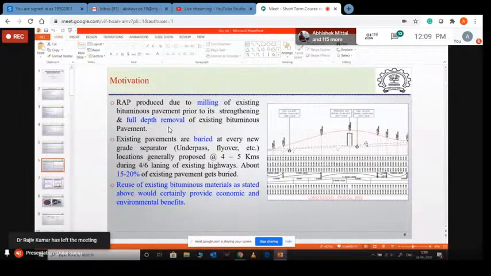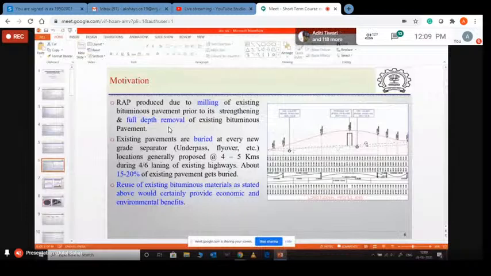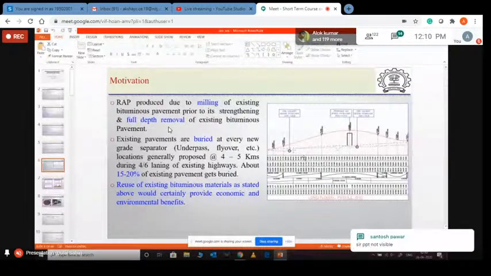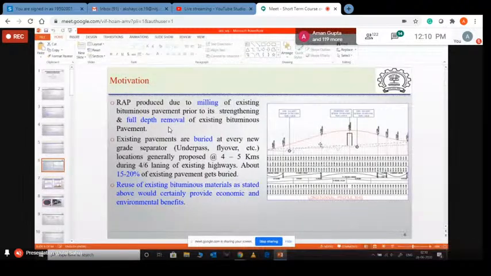For any reason, if that extracted material cannot be utilized in bituminous mix, then instead of dumping it in the dump yard or low-lying areas or using it as embankment, if we could use it as base and subbase, then probably we get a better road and a cost benefit also. Of course, if the bituminous material could be utilized for bituminous construction, the financial benefit is the highest. But it is associated with very high quality and uniform RAP material.